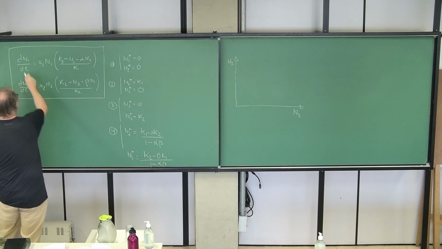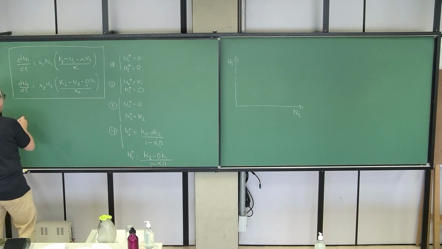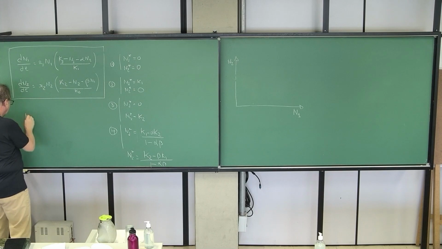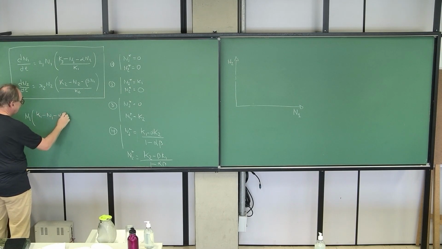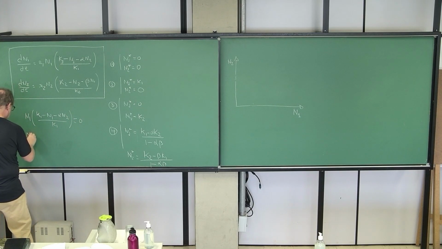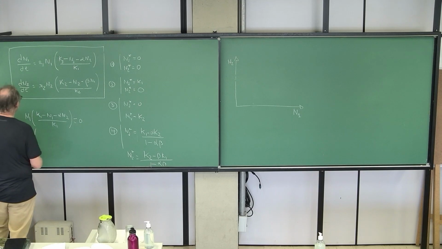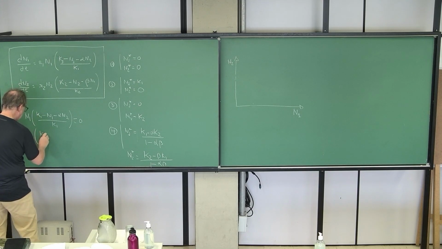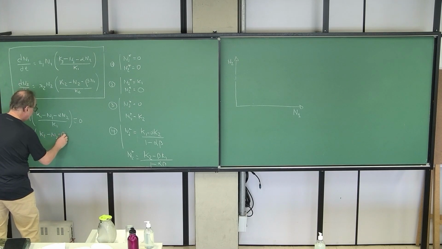They came from putting this equal to 0, and this means N1 times (K1 - N1 - alpha N2) divided by K1 is equal to 0, and N2 times (K2 - N2 - beta N1) is equal to 0.